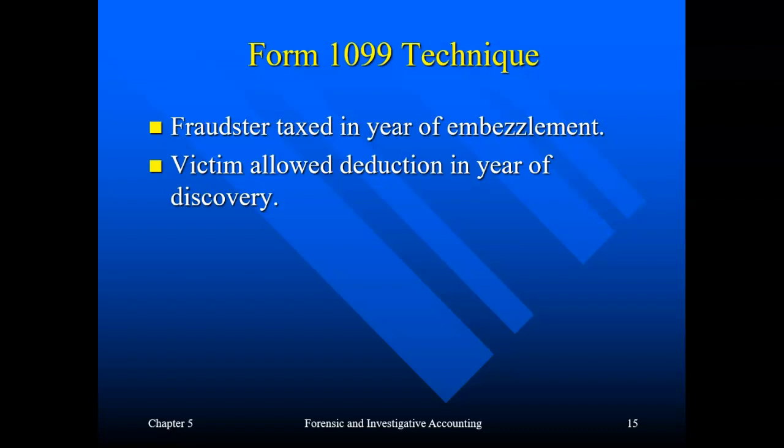And so if your corporation actually does this, files a Form 1099 reporting this embezzlement income, then you get a deduction for it. It was stolen from you. You lost the cash, and so you get a deduction. And the person who committed this has to report this on their tax return.